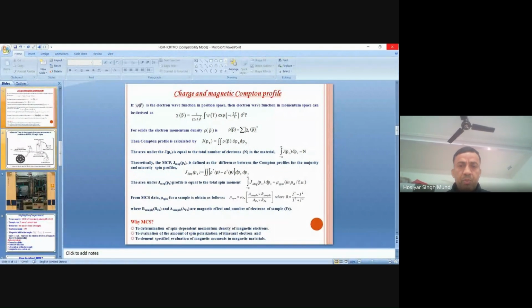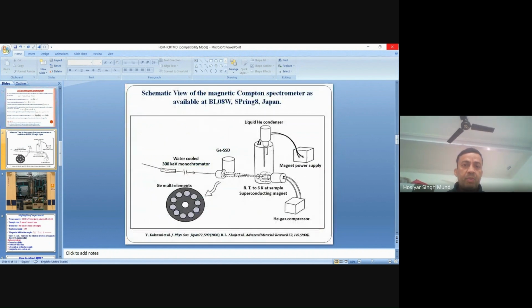So the motive behind magnetic Compton scattering is to determine the spin-dependent momentum density of magnetic electrons, as well as the elemental-specific magnetic moment of the system. So we have used SPring-8, the spectrometer available at BL08W at SPring-8 in Japan, which has 10 solid-state germanium detectors and synchrotron radiation with high energy.